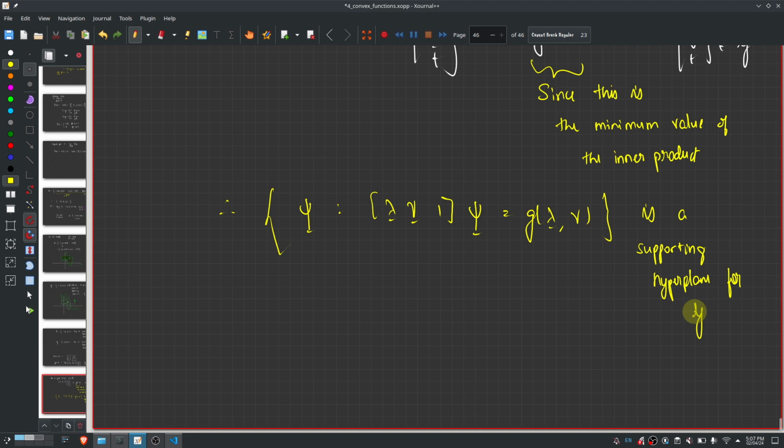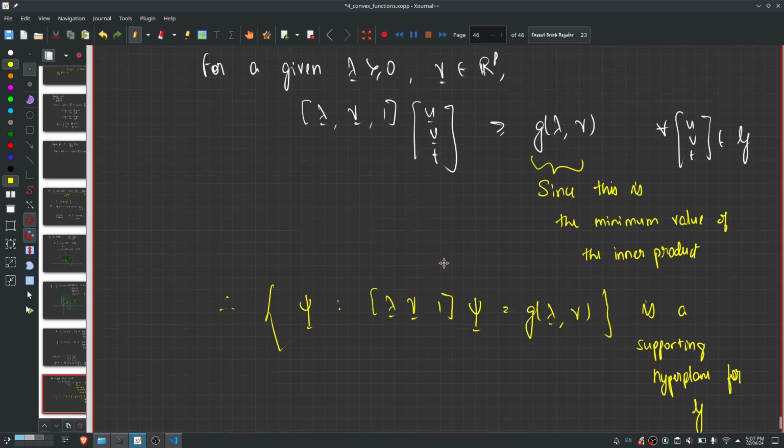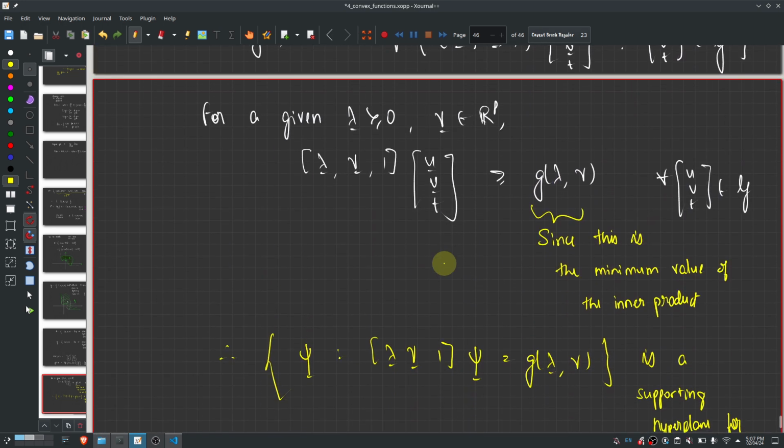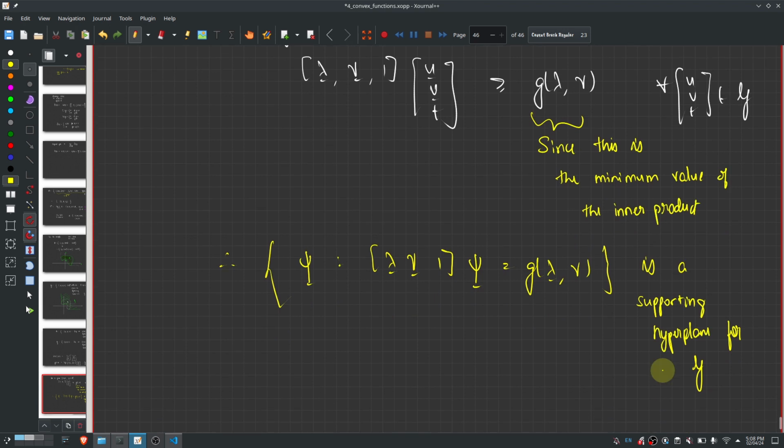Let's not go to it right away. But all you have to agree at this point is that this particular set is going to become a supporting hyperplane. Right? So really the interpretation of this Lagrange dual function or the Lagrangian is the corresponding geometric interpretation that it's a supporting hyperplane for this sort of epigraph.